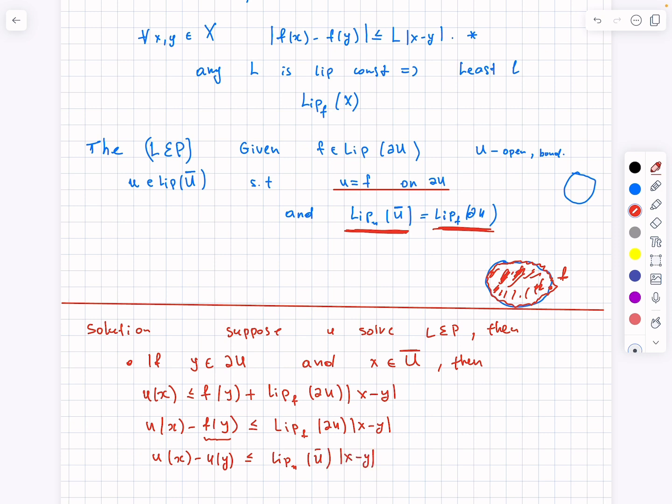So this is true for all x and y in the boundary. Okay, now we have this formula.